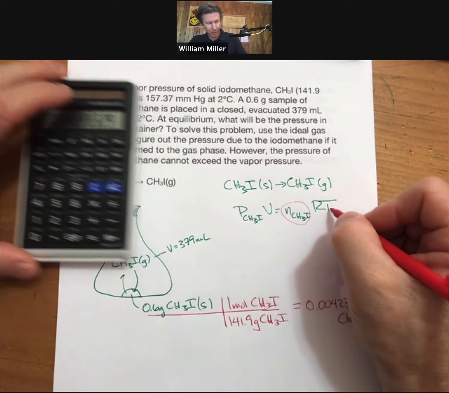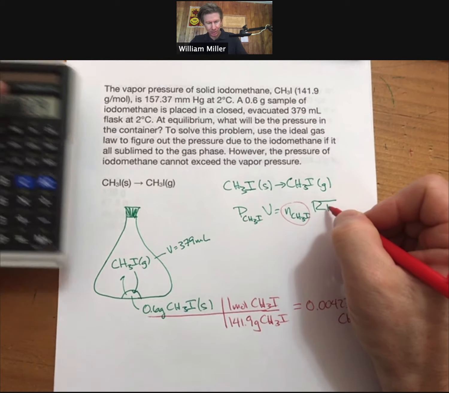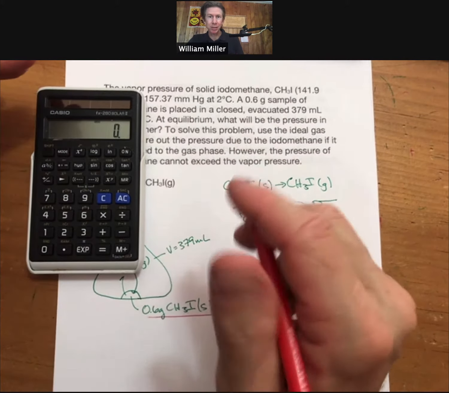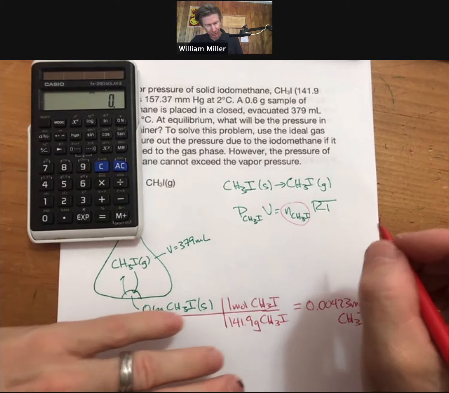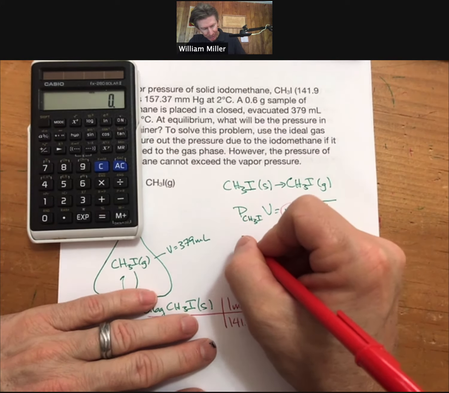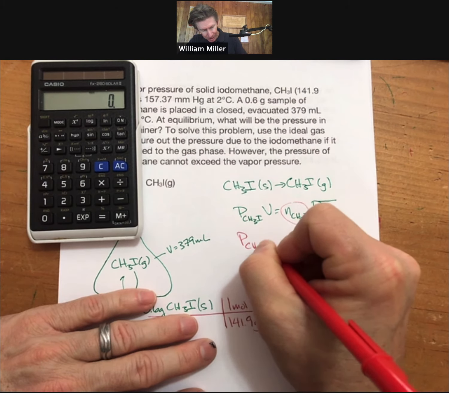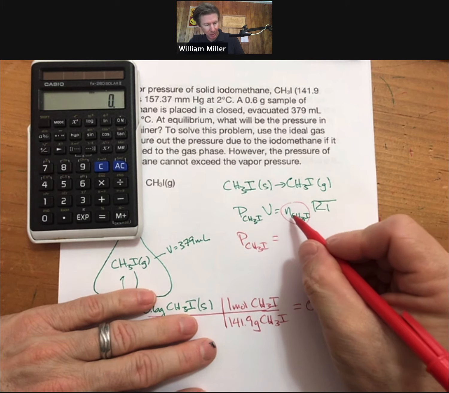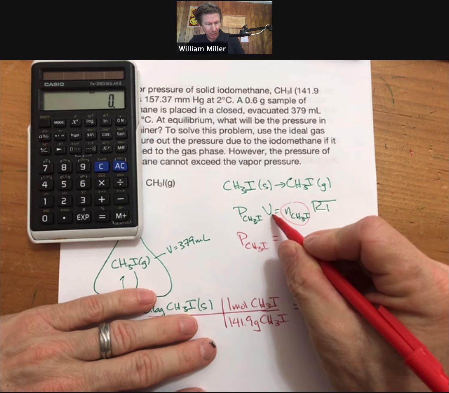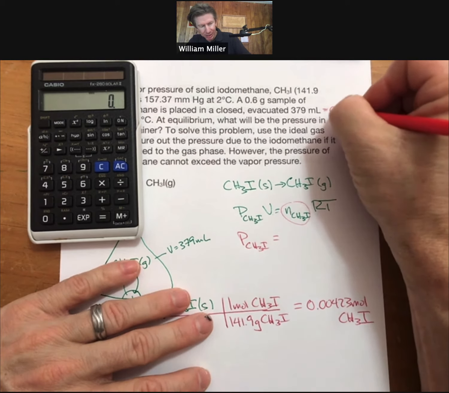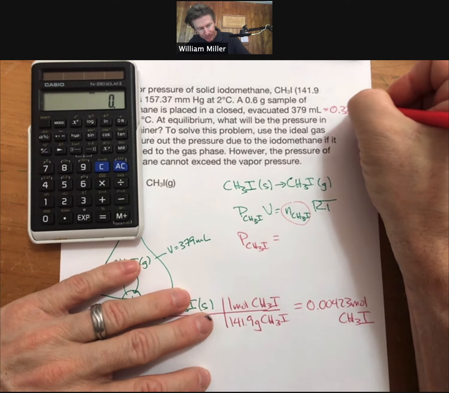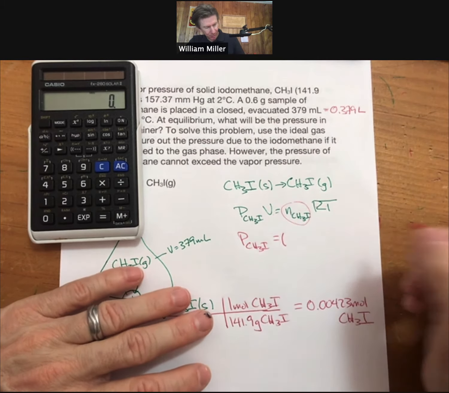That's going to be our moles. We know R, we know T. Well, T is 2 plus 273, which is going to be 275. Let's see, we don't know our pressure. It's going to be equal to nRT over V, where I'm going to convert this into liters. So away we go.